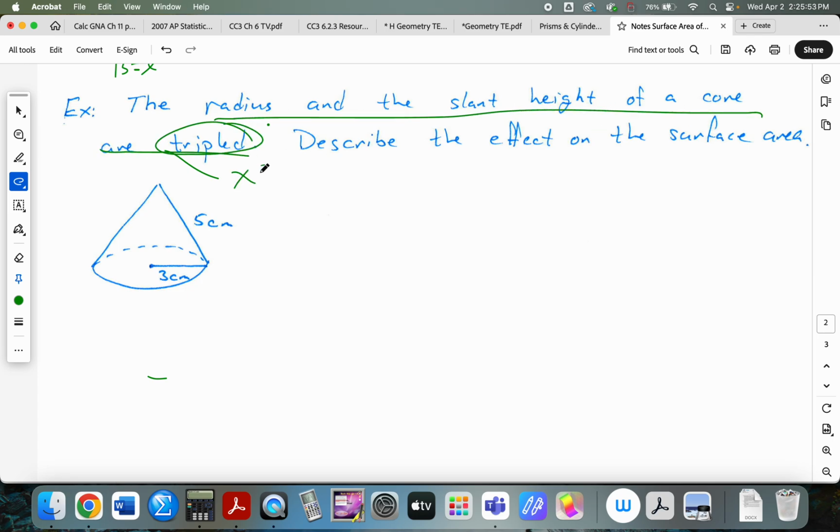That means times 3, right? So area is in square units. So if we have times 3 for the regular units, for the square units, we're going to have times 3 squared. So it's going to be multiplied by 9.